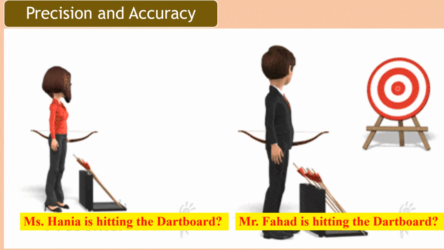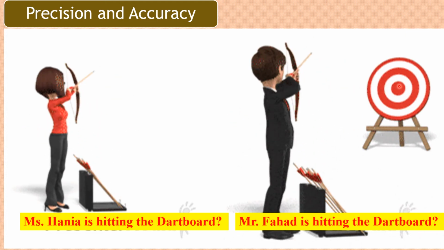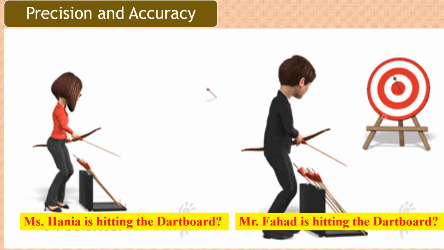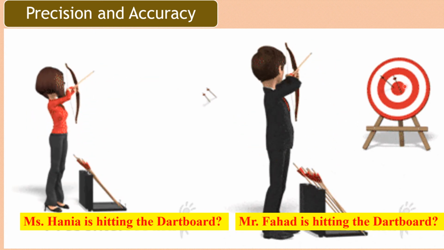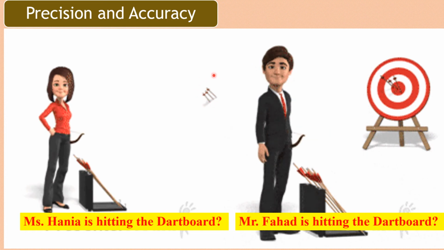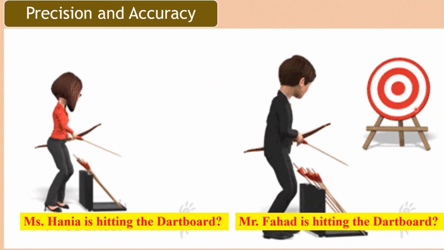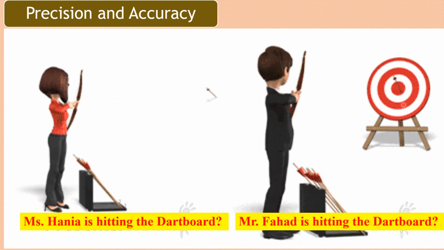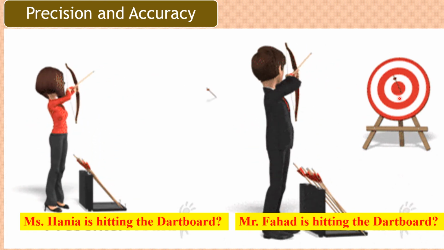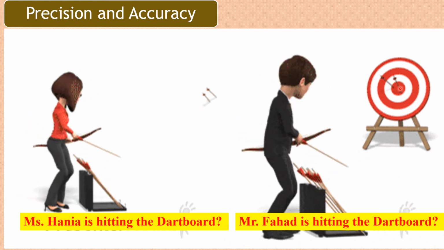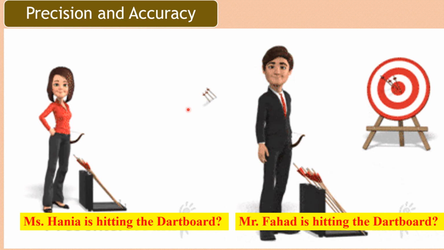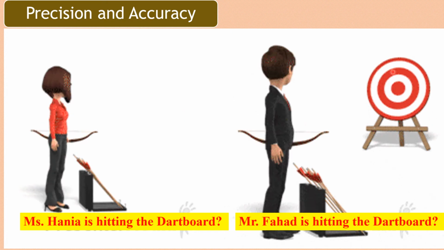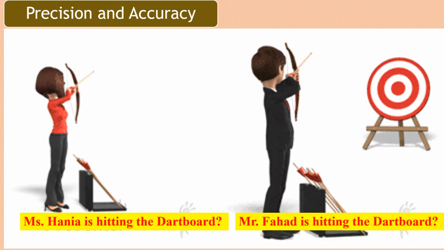The pointer may hit this central point or anywhere on the dartboard. The targeted pointers show the measured value, which may be anywhere on the dartboard, while the center represents the actual value of the measurement. So by observing Ms. Hania's and Mr. Fahad's targeted pointers, we can understand precision and accuracy easily.